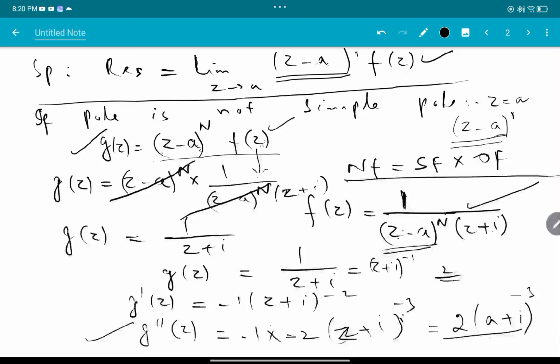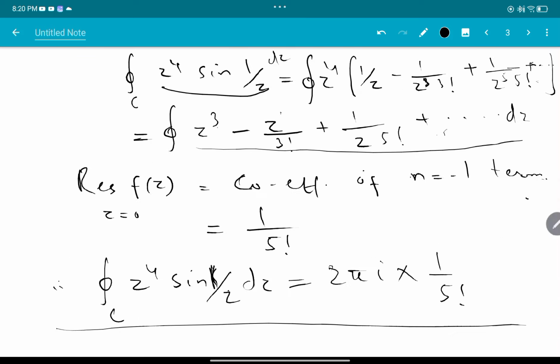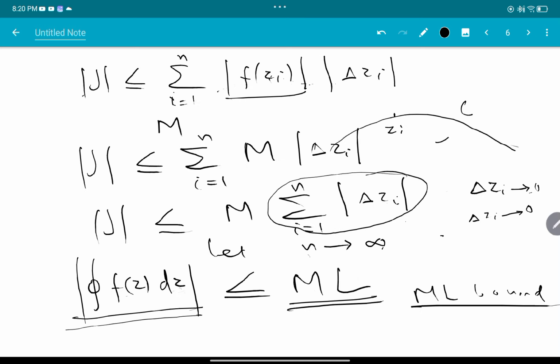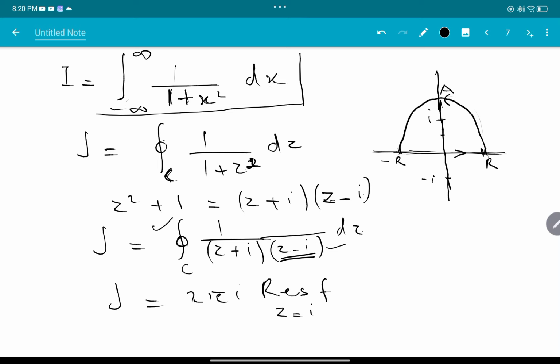For a simple pole, the residue is the limit as z tends to a of (z minus a) f(z). First of all, what do we do? We multiply this function.